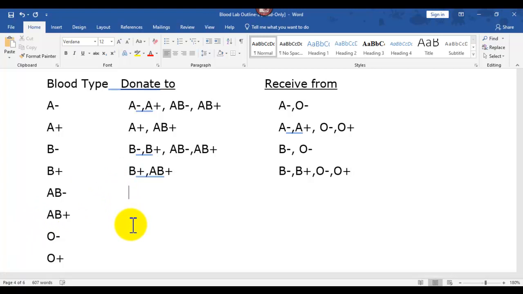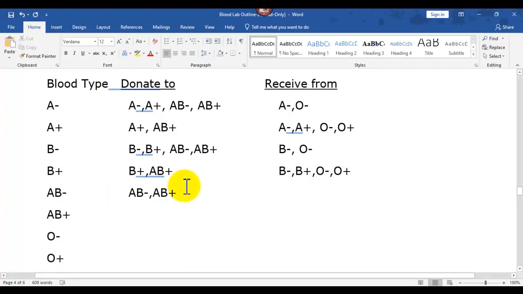Okay, we got 2 more left, and I'm going to end this part, and I'm just going to make another video for what's called determining of blood types or blood typing. If you're AB negative, who can you donate to? Well, you can donate to, good Lord, AB negative and AB positive.